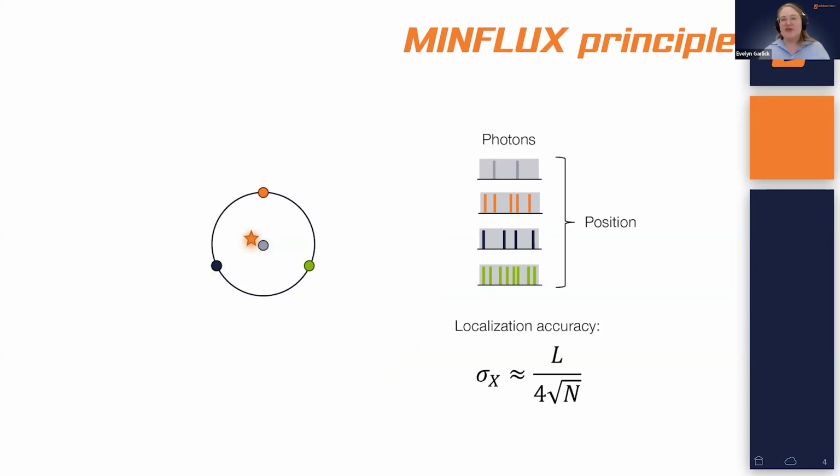And as Xiaoyu's already explained, although more photons does mean more information, it does mean we know more about the position of the molecule. The driving factor that makes MINFLUX different from a camera-based localization technique is that L, that shrinking of our search pattern, or as it's called in the literature, targeted coordinate pattern.